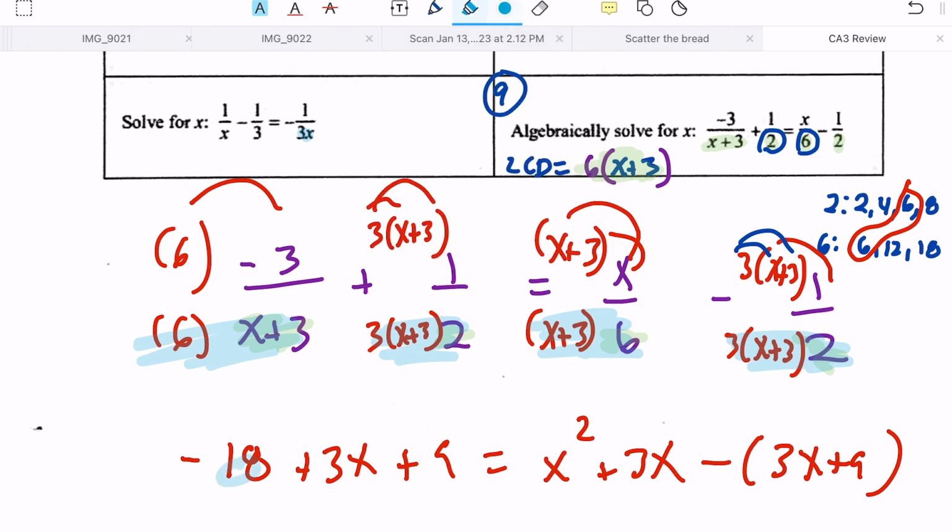we can combine like terms, negative 18 and 9. And we can also distribute that negative. So negative 18 and 9, that's going to be negative 9. So that's going to be 3x minus 9. We distribute that negative to the parentheses. It changes all the signs in the parentheses. The 3x becomes negative 3x. That 9 becomes negative 9.